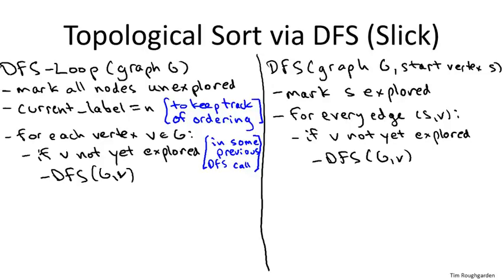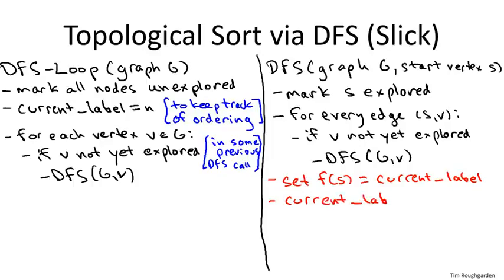Well, it turns out the right time is when we're completely finished with that vertex. So we're about to pop the recursive call from the stack corresponding to that vertex. So after we've gone through the for loop of all the edges outgoing from a given vertex, we set f of s equal to whatever the current label is, and then we decrement the current label. And that's it. That is the entire algorithm.